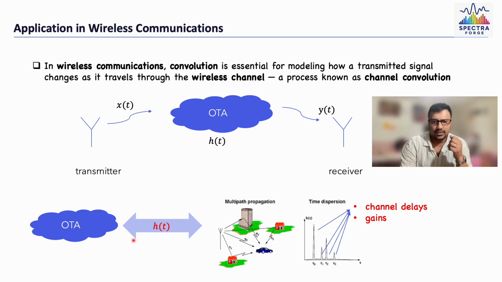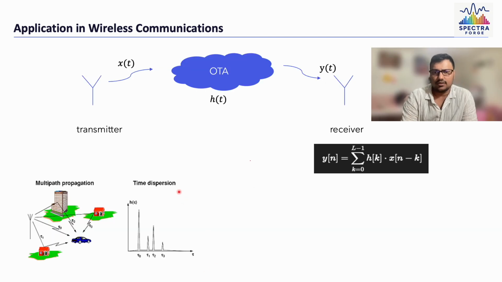So if you think of this as h of t, and in our LTI systems, that means it is a linear and time-invariant channel, then we can write the output y of n as the convolution of x of n and h of k. This is what we have seen in the first slide, where I've shown it for the discrete series.